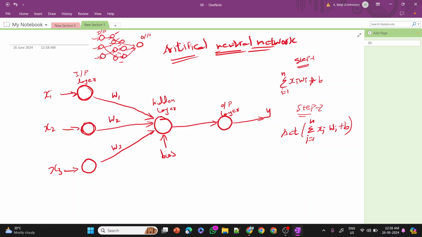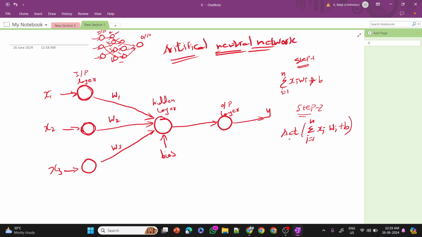Each neuron will store some information, but whether the information is important or not is defined by this activation function. For example, this is a hidden layer with four neurons, and each has some information, but whether this information is important or not is decided by this activation function.